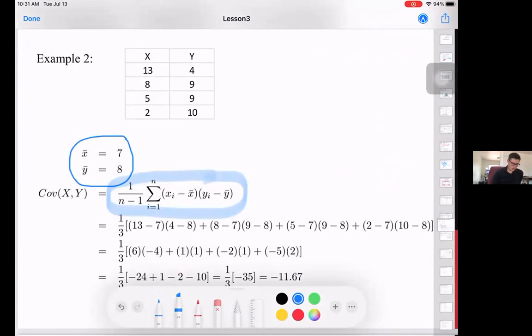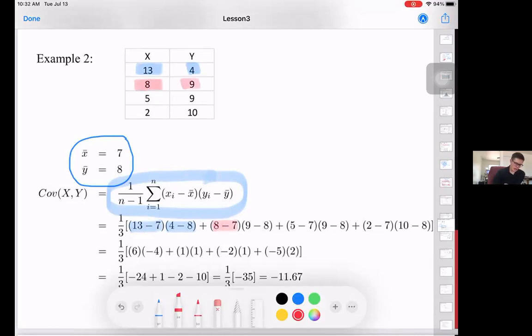And so all we're going to do is first say how far is the first X from its mean. That's 13 minus 7, times how far is the first Y from its mean, 4 minus 8. We're going to multiply those together. And then we're going to go to the next observation in the data. 8, how far is 8 from its mean?